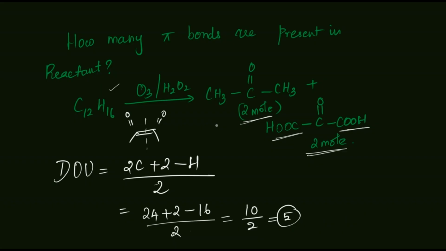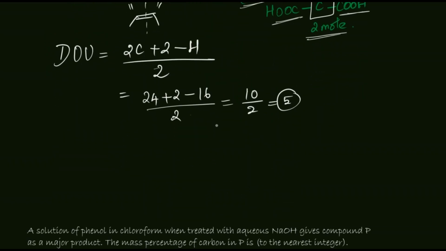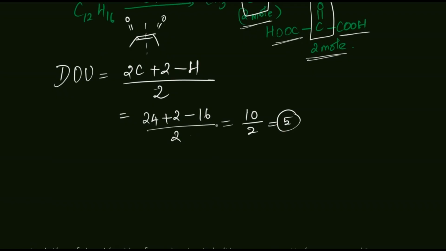Okay, so coming back to the question. Here I am having C double bond O, C double bond O. That can be of 1 double bond. And for COOH also, I should have a double bond. So let me guess the structure.